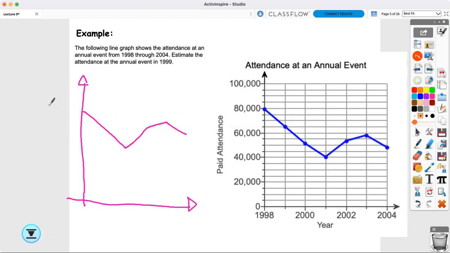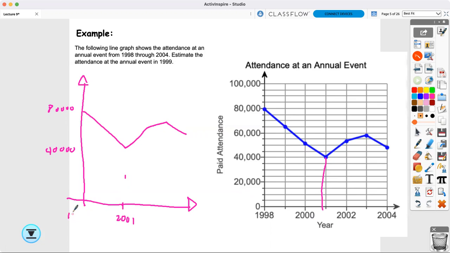And then put the 80,000 here next to this line. And then we know this bottom line here is 40,000. And then right here, we're going to draw the x-axis. So down here, this line is in 2001.